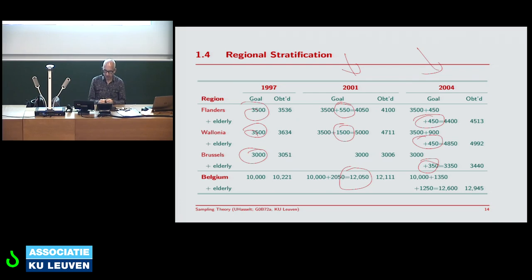Evidently, we now have to somehow take into account that 2004 has a much older sample than 2001 and 1997. If we don't correct, it will all of a sudden look that from 2001 to 2004, the health of the population has deteriorated. It's not true. It has in the sample, because the sample is, relatively speaking, older than the previous samples.